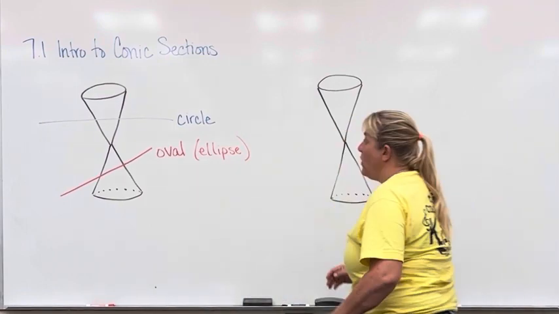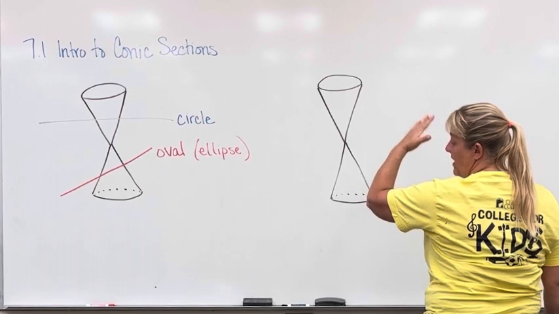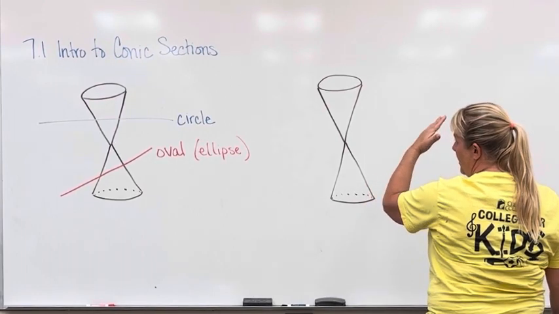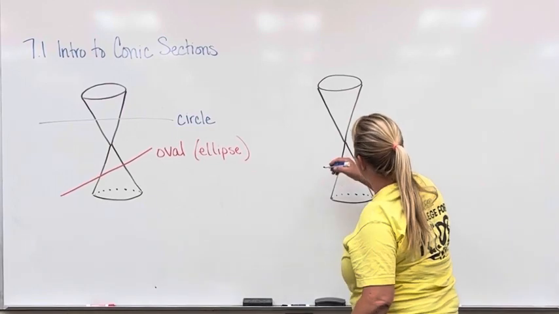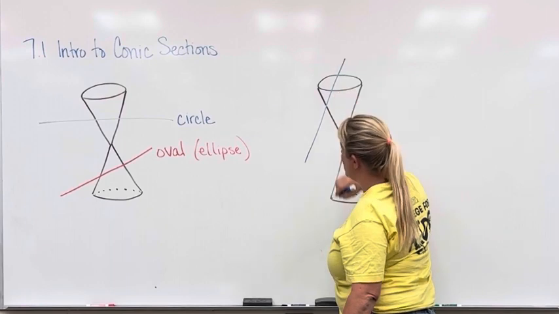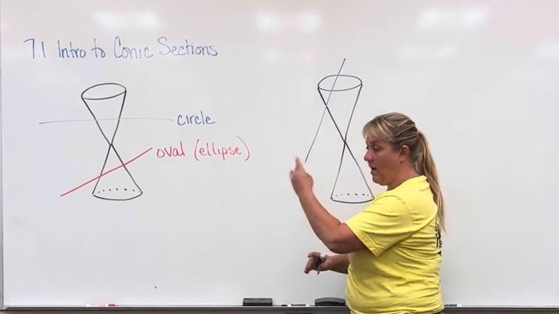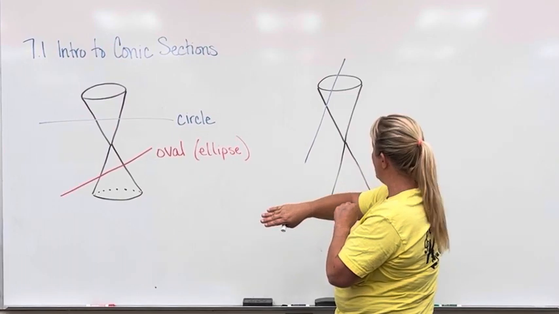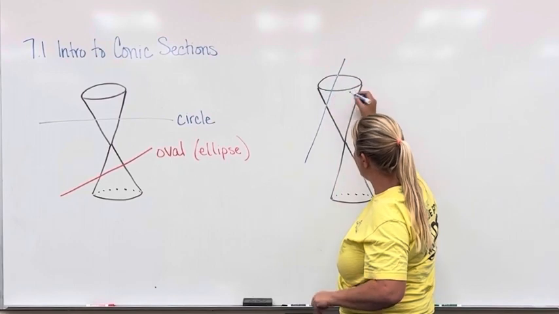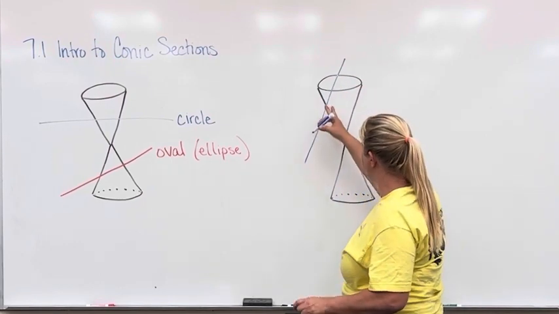Now, if we were to take that diagonal cut that makes the oval, and we tip it even further so that we cut through like this, okay? So now we're going to cut through our ice cream cone so that the slice is going through the cone, but then out the top. So it's going to be cut like this around here. It's very hard to see this one, and the book does a much better job than what I'm showing here.